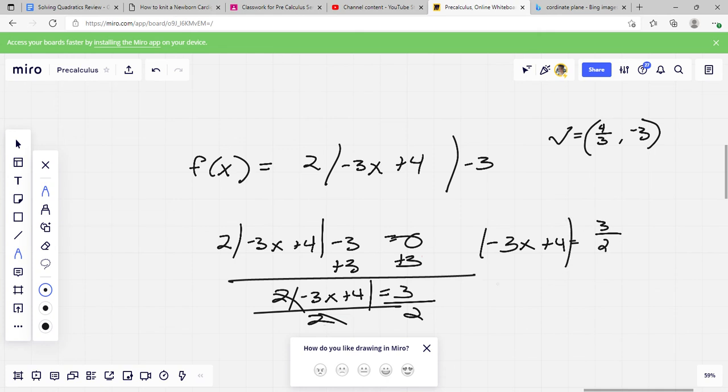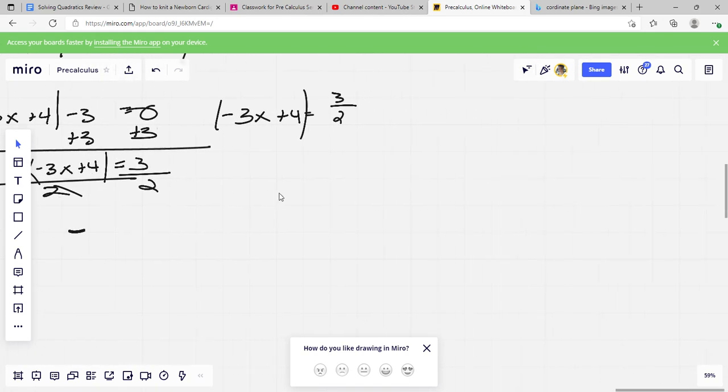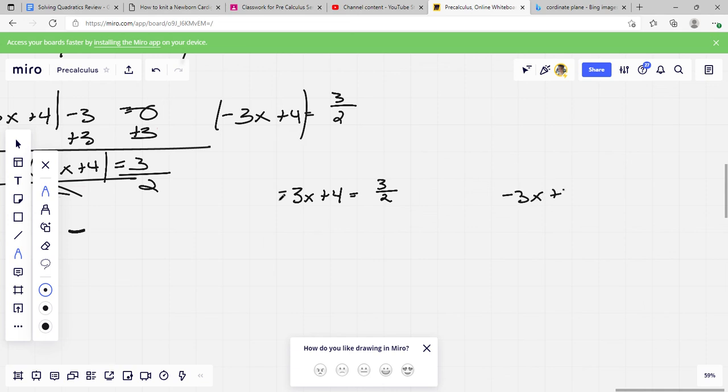So then I have to set that equal to negative and positive 3 over 2. Right, because you have to do your negative value and your positive value when you get rid of that absolute value sign. So negative 3x plus 4 equals 3 over 2. And negative 3x plus 4 equals negative 3 over 2.